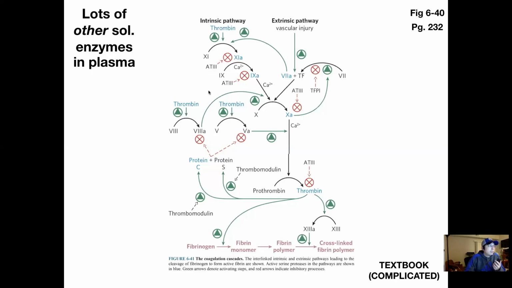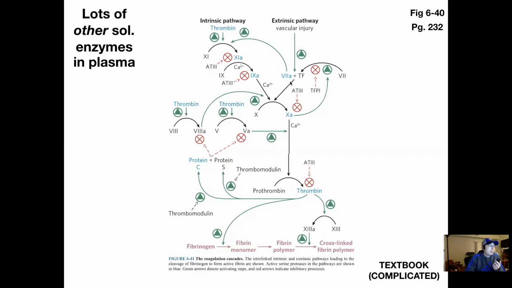Zymogens are inactive precursors of enzymes such as proteases. Thrombin is the most predominant protease in this pathway. It does all sorts of things both early in the pathway as well as late, including direct cleavage of fibrinogen into fibrin. But you also have a slew of other proteases. In this figure, all of the proteases are shown in blue.